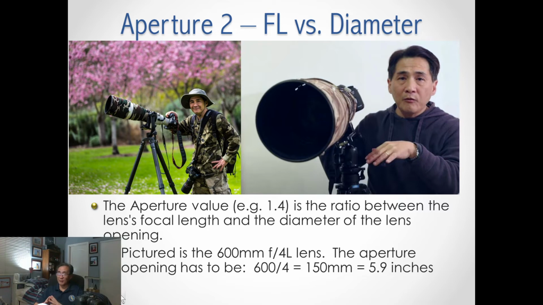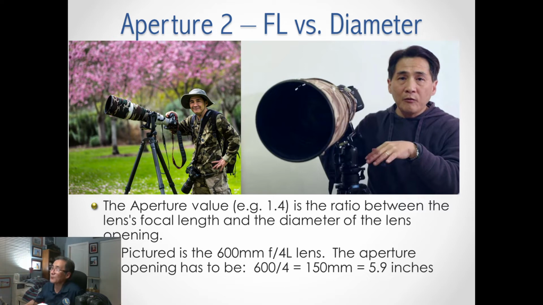If you take the lens focal length and divide it by the aperture value, the widest aperture, meaning the smallest aperture value of your lens, that will dictate the diameter of the opening that your lens has to have.